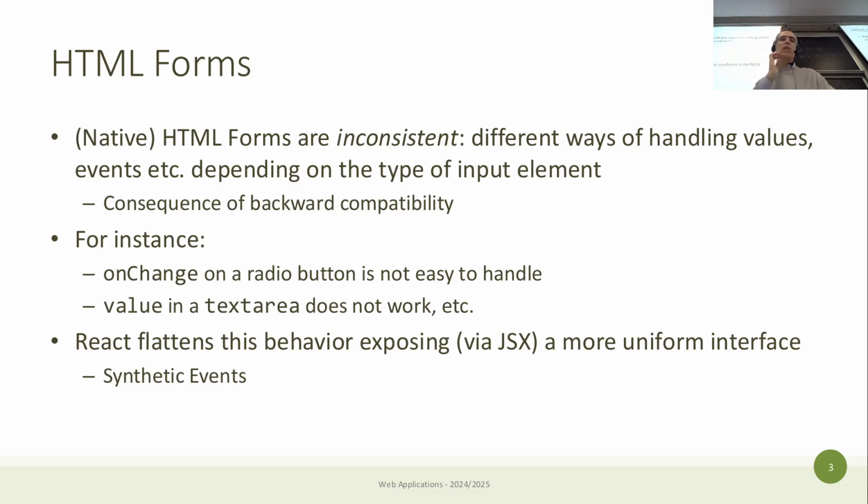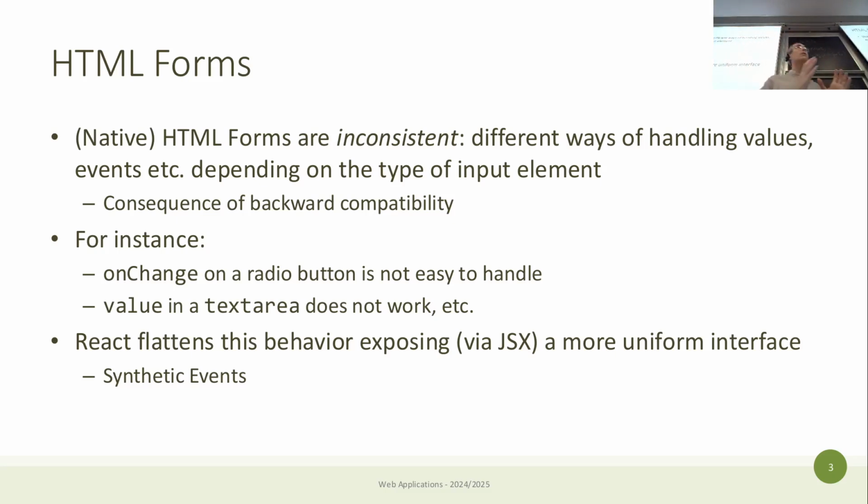And luckily, we have React, and React flattens this behavior, exposing a more uniform interface through the JSX. What does this mean? It means that we have the virtual DOM instead of the actual DOM. And in the virtual DOM, everything is consistent, well designed and well done.